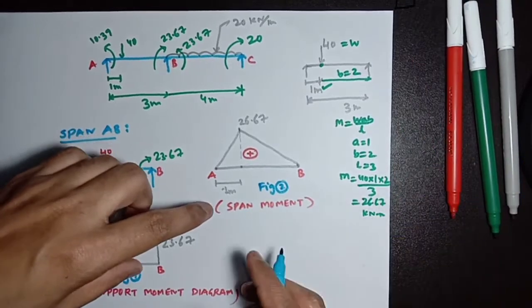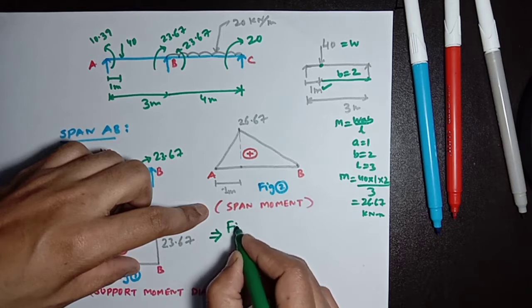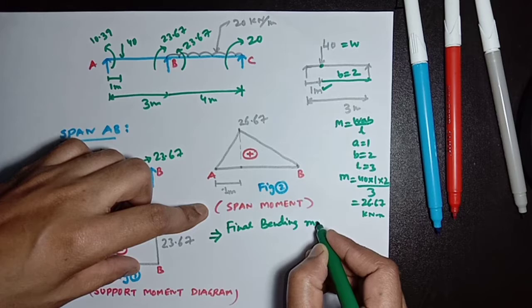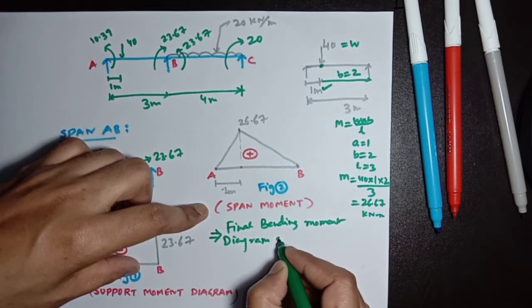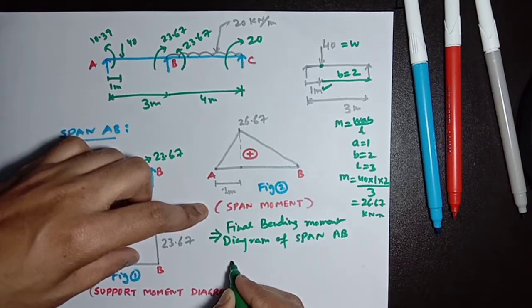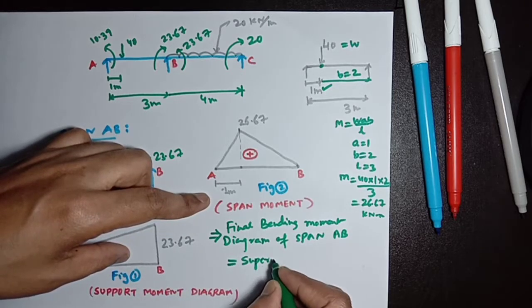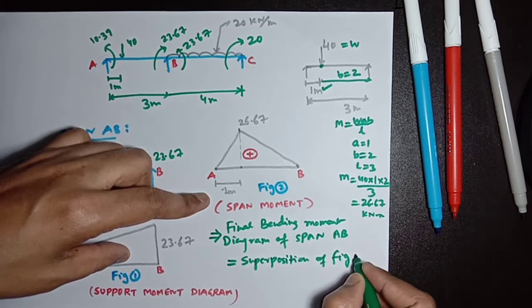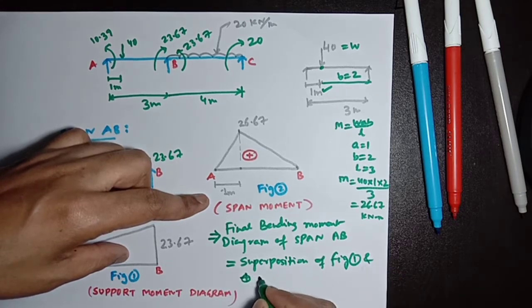Now the final bending moment diagram of span AB will be the superposition of figure 1 and figure 2.